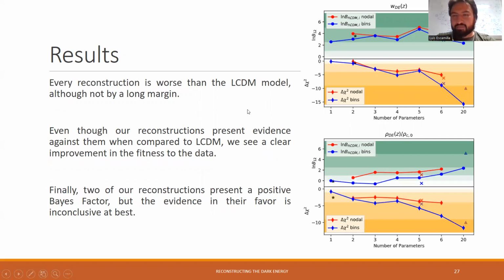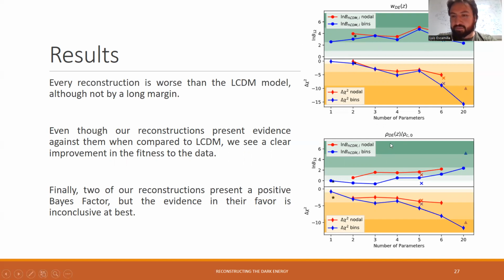Here we have a graph comparing the fitness and the bias factor of our reconstructions. As we augment the number of parameters, we see that we have, logically, a better fitness to the data, but a worse bias factor.